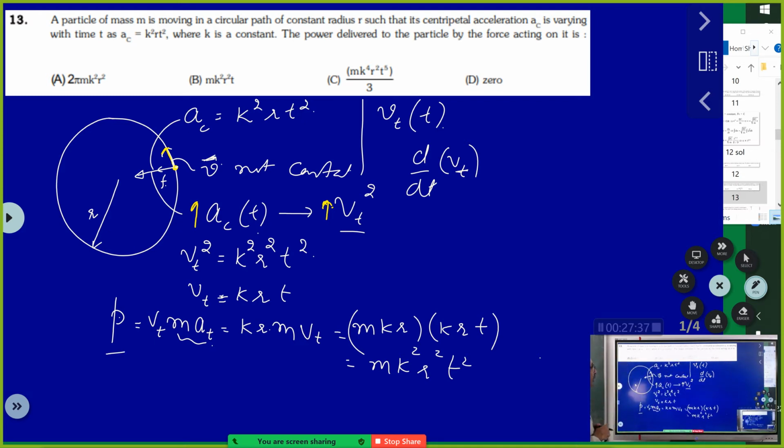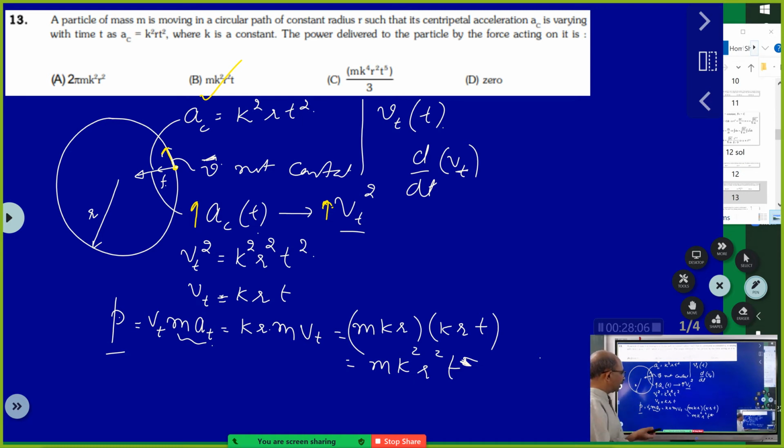You have this option, r square t, only t, sorry, not t square. So option B is the right option. The thing here is that the acceleration they had given is varying, which means the tangential velocity is varying.